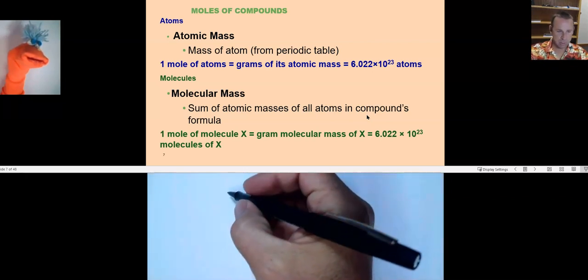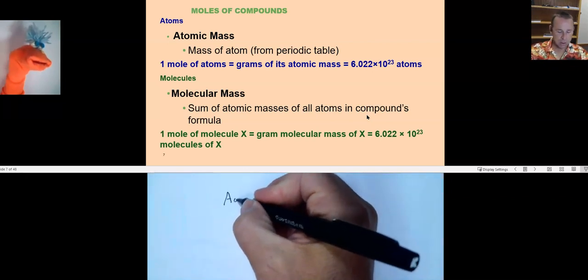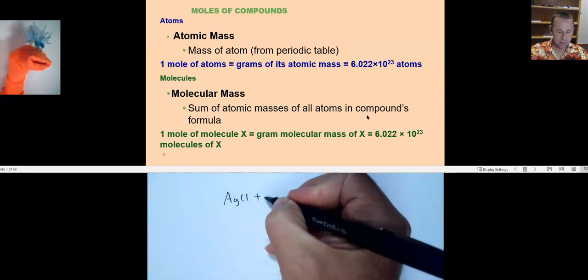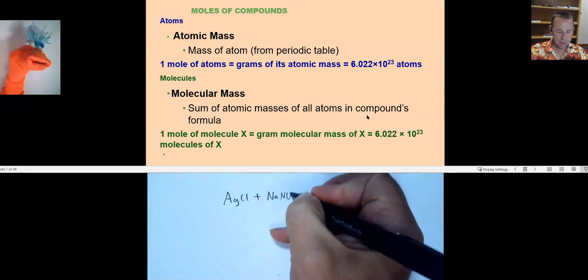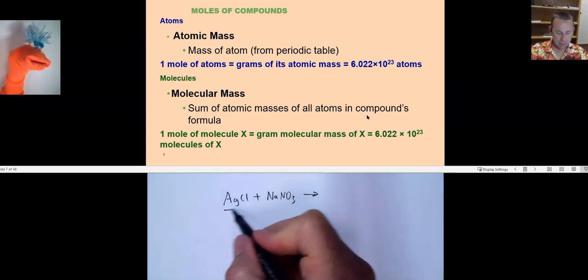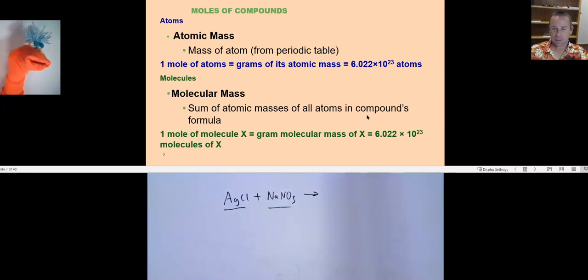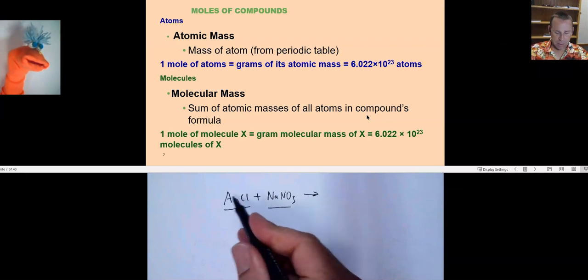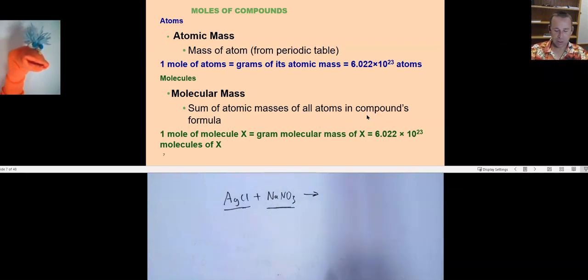For example, if I have a chemical reaction where I'm combining silver chloride with sodium nitrate, and I want to make sure that I have equivalent masses of these so that I'm combining them in a 1-to-1 ratio, I can find out how many grams there are in 1 mole of this and how many grams there are in 1 mole of that, and identify what the correct ratio of the mass of these different materials are.